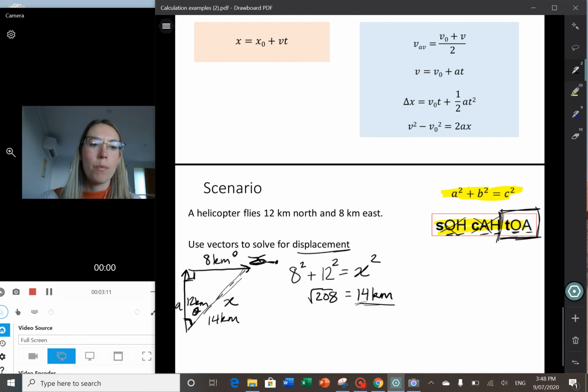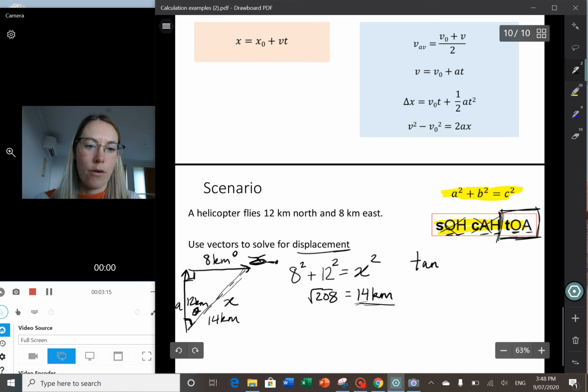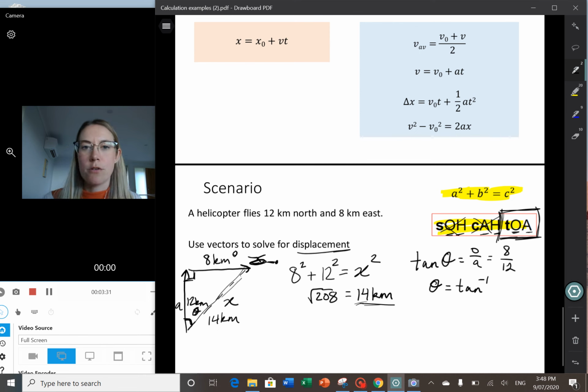So if I've got opposite over adjacent, then I'm looking at tan. So tan of the angle is equal to opposite over adjacent, which is 8 over 12 kilometers. So the size of the angle is going to be the inverse tan, which is literally a button on your calculator.